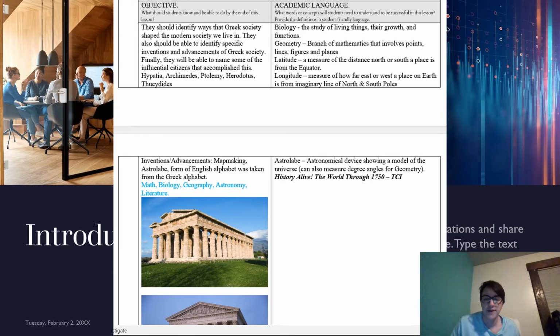So briefly, this goes over some key terms that they had for the lesson, which includes biology and geometry. I showed pictures of architecture that I thought was cool. I didn't end up incorporating that part in the lesson for sake of time. A lot of this, when I was planning it out, I was like, oh, I can do this, oh, I can do this, but when you're actually there and you only have 40 whatever minutes, you don't have time to do all that you think you're going to do.